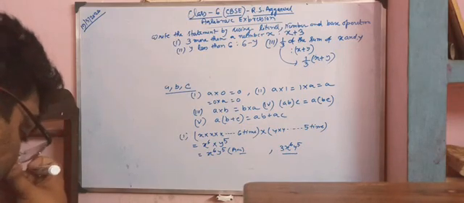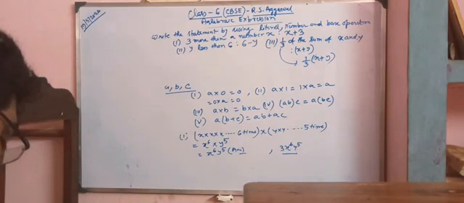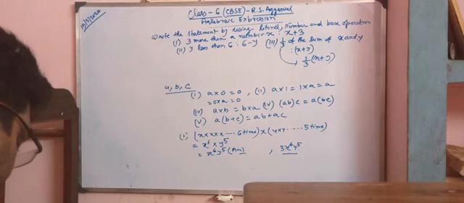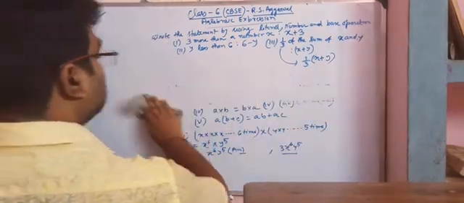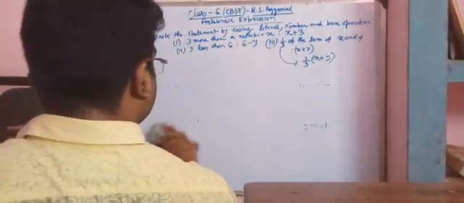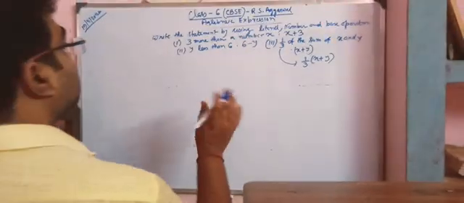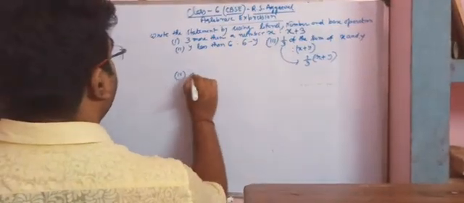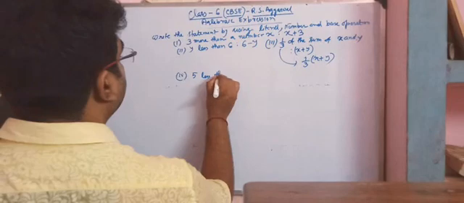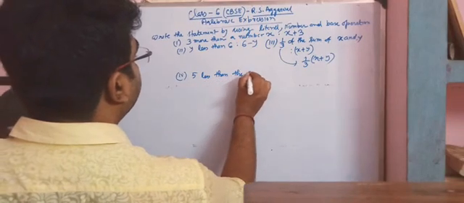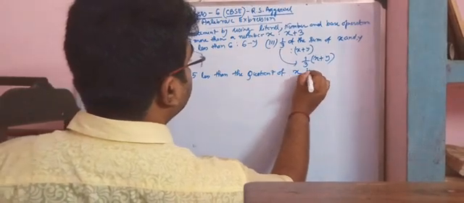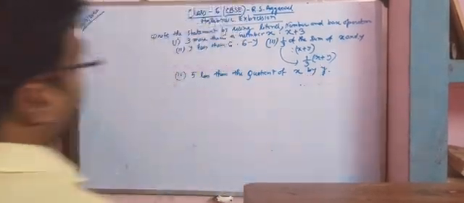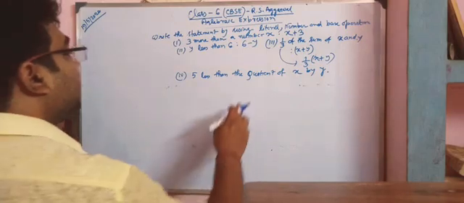Next, 5 less than the quotient of x by y. See this carefully. How are we getting the quotient?